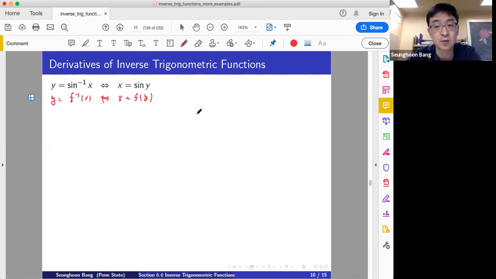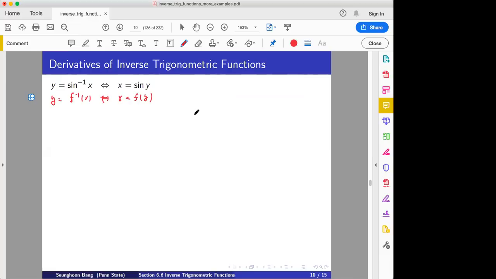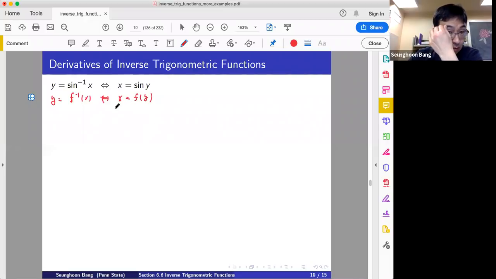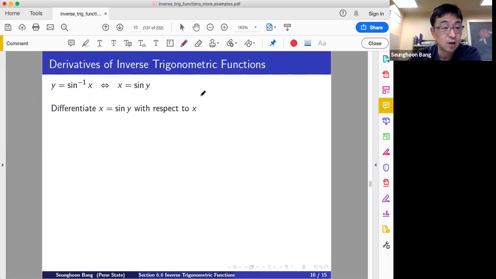That's the idea. So we have this. The next step: you can differentiate x equals sine of y with respect to x.